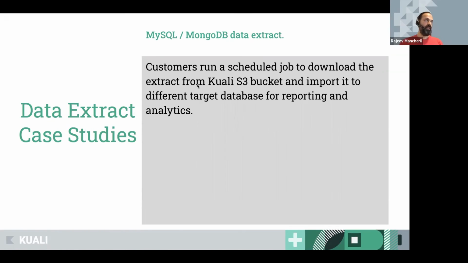So from MongoDB, you're talking about pushing it to MySQL or Oracle? Is that the question? Yeah, that's the scenario. I really don't know if anybody's using it. All these extracts are dump files, like a MySQL dump or a MongoDB dump, that we push to our S3 bucket.